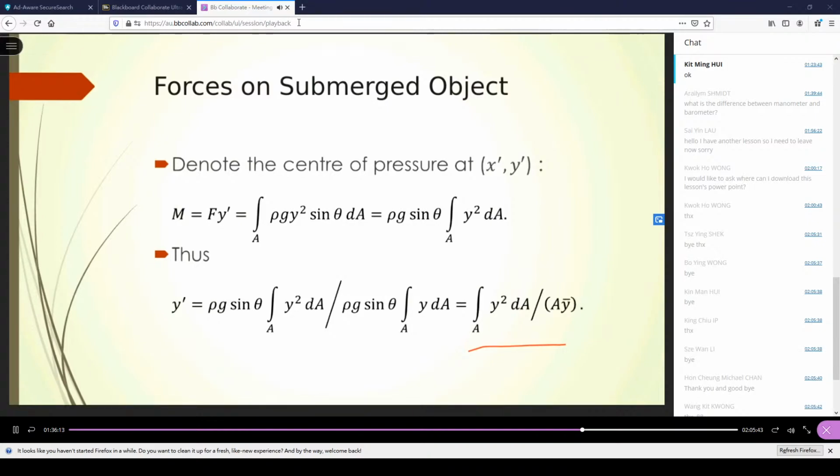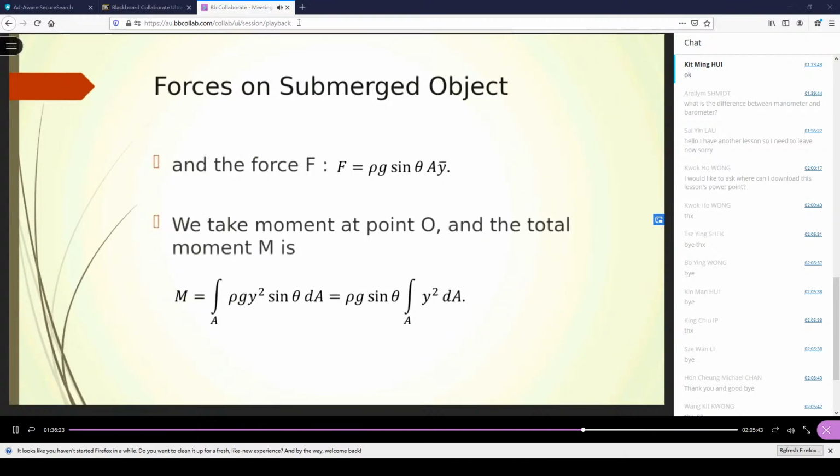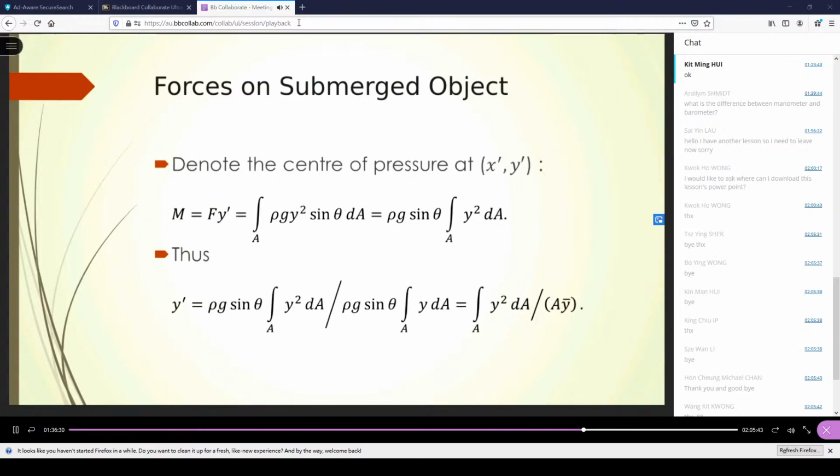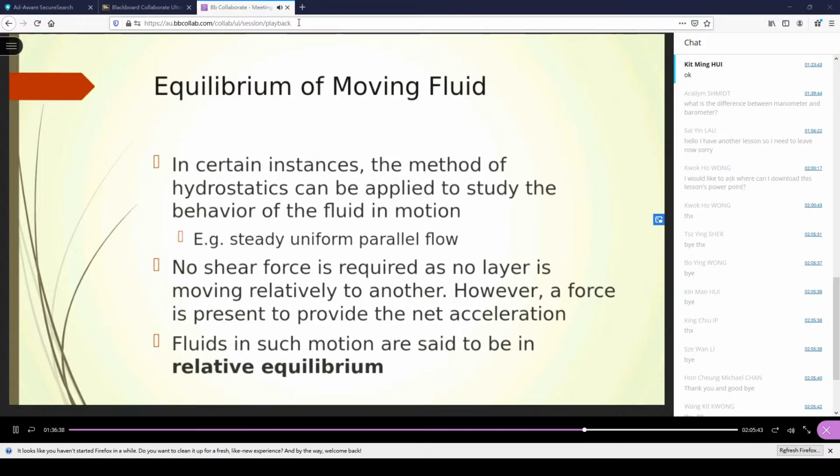But in principle, it all comes from pressure, force, and moment considerations. Okay, now we will have a tutorial example on these topics.